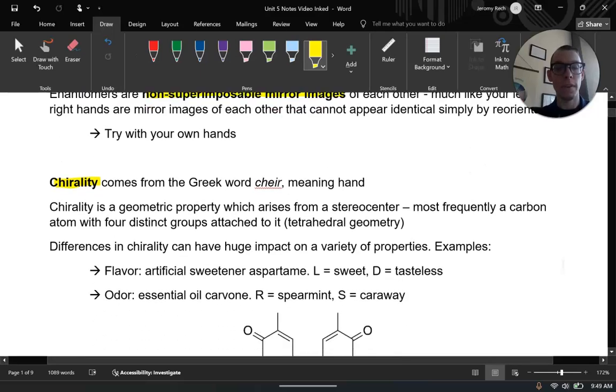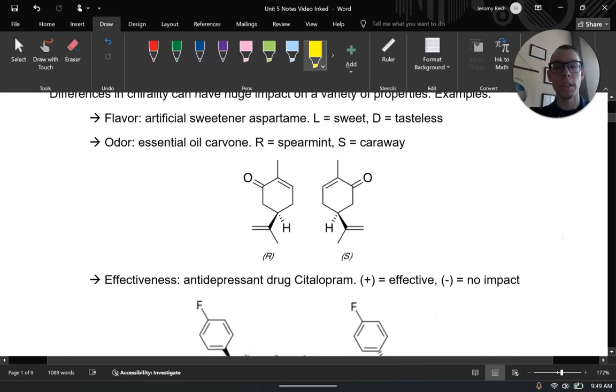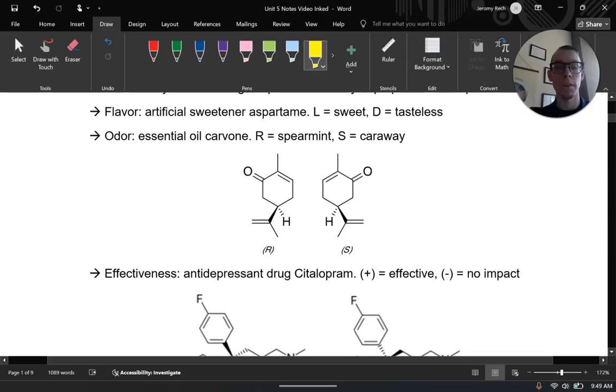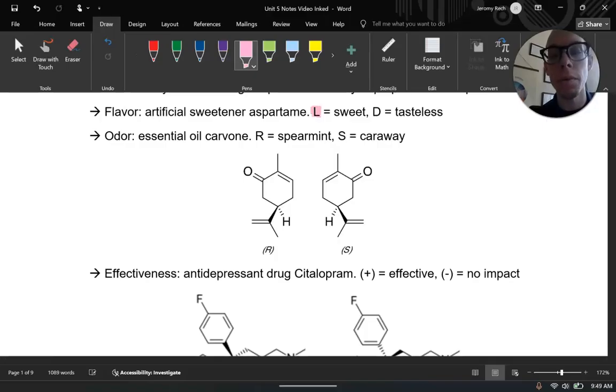I have here just a handful of examples of some differences in properties for different structures. And in here, we're going to see a bunch of different terms. So we're going to have L and D, R and S, plus and minus. These are going to be a bunch of different descriptors that describe the difference of your structures and how they're situated in space.